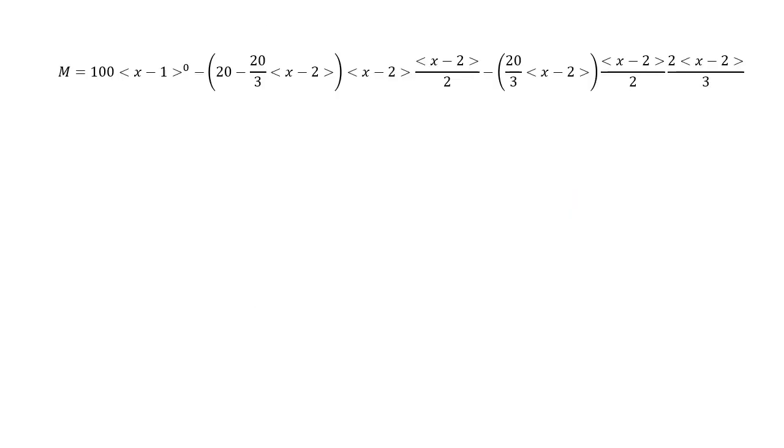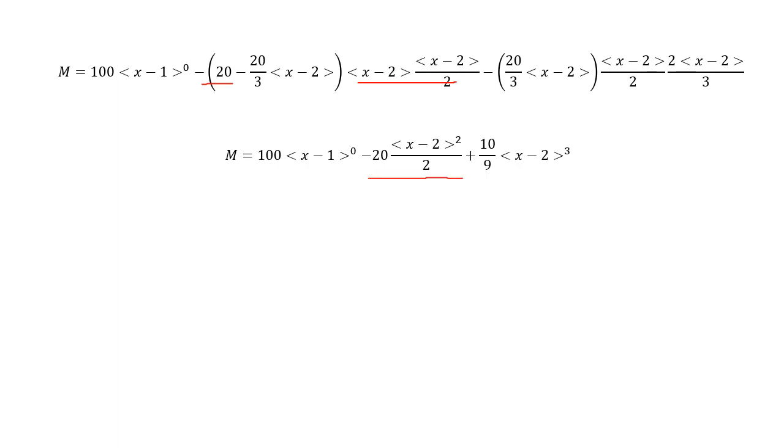Okay. So here is the moment equation, and I would simplify that further because it's quite long, and this would be the simplified equation. So just note that negative 20 here times x minus 2 squared over 2, this would be where this came from.